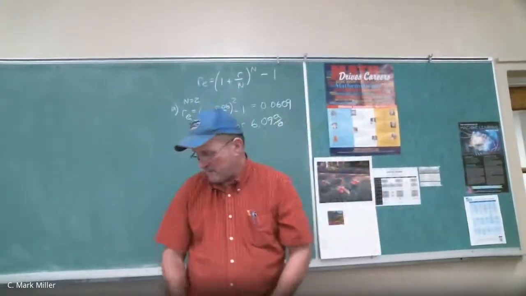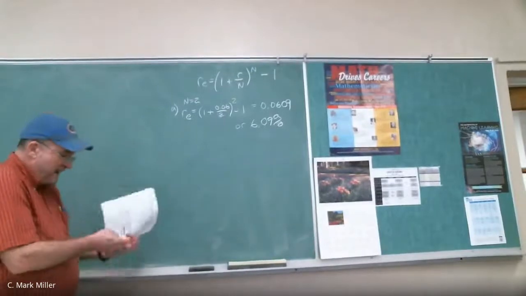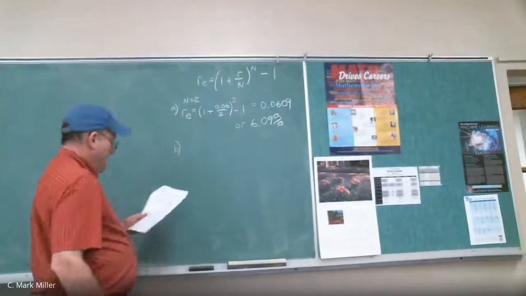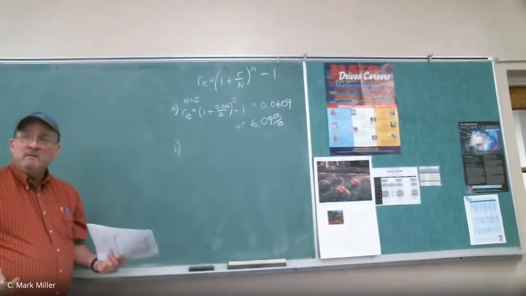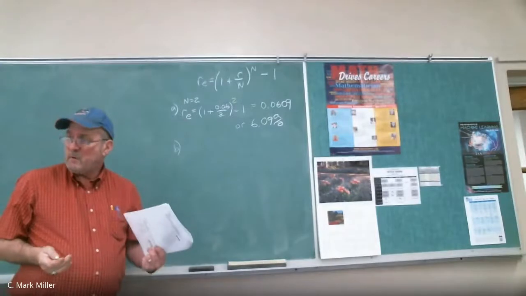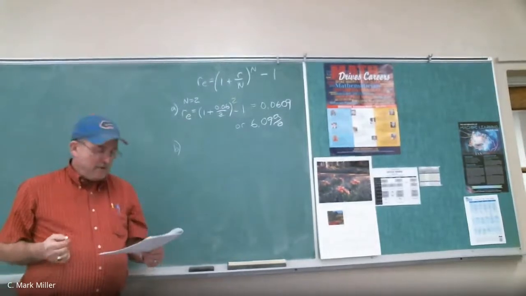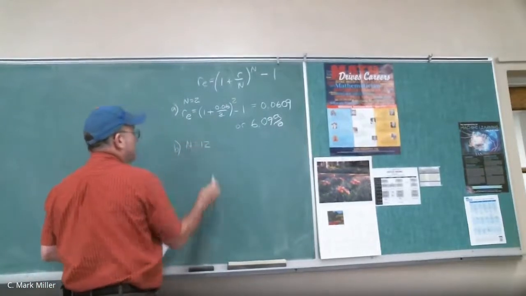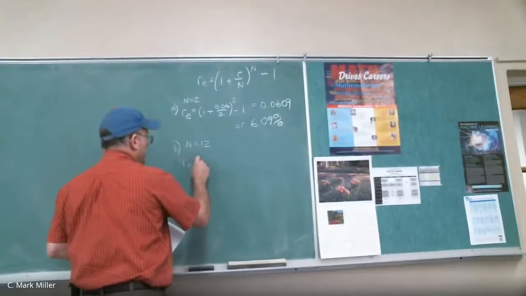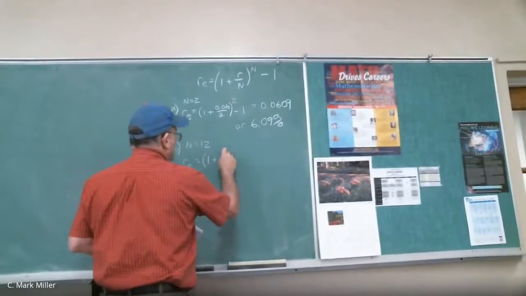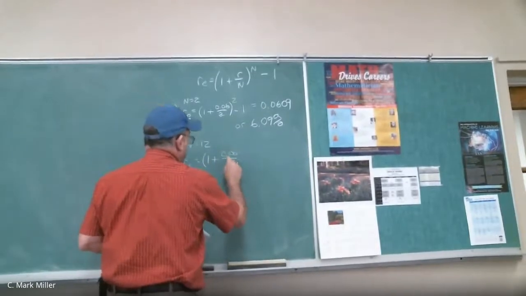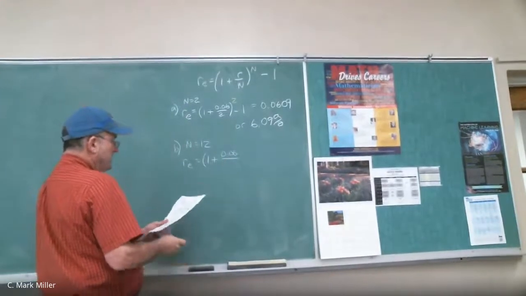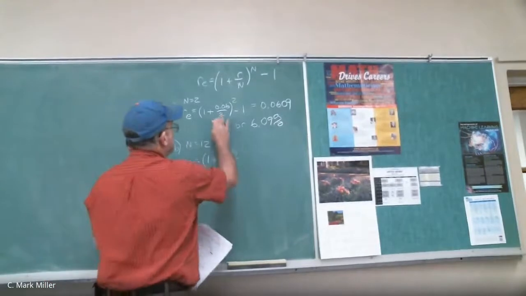All right, so part B is the same question except for interest compounded monthly. So monthly you have N is 12. So the effective interest rate, 1 plus 0.06 divided by, oh, wait a minute here. Divided by 12. I should have put this in.